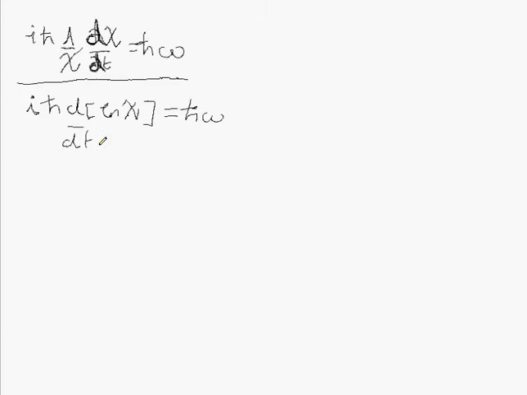Right. Why can I do that? That doesn't really seem very intuitive, does it? d chi dt multiplied by 1 over chi is equal to that. Why can this lump be rewritten as this?